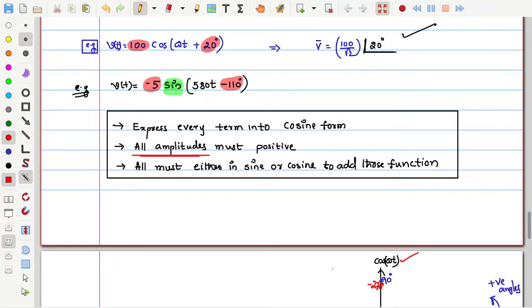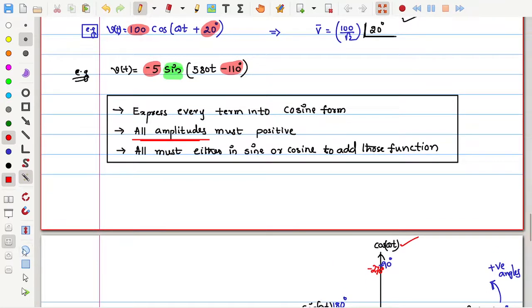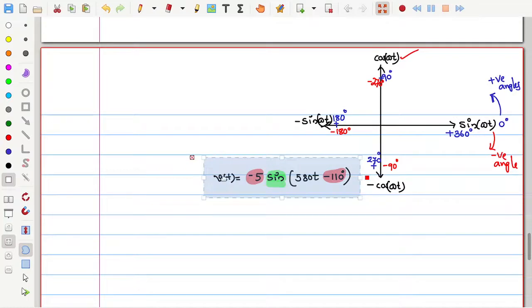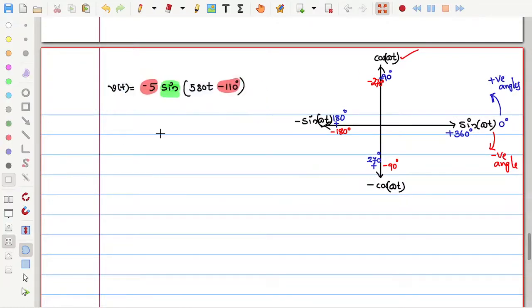Let me write that expression over here instead of referring up and down every time. It may be a simple mathematical thing, but try to understand carefully. Here a minus sign is there. I want to convert this minus sign into just cos. That's all. For that, what shall I do is that if I move in some direction.